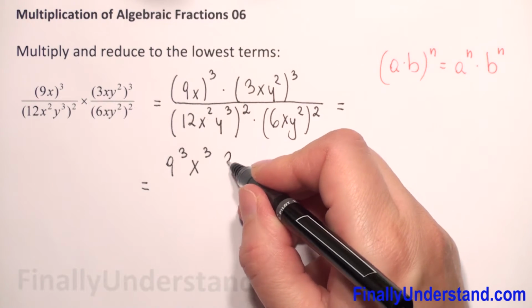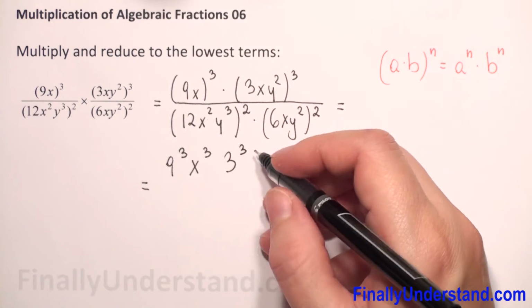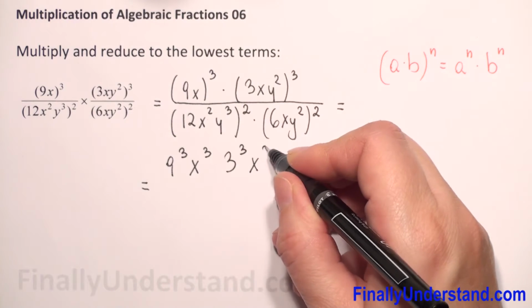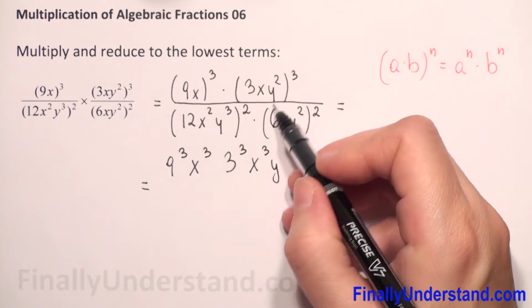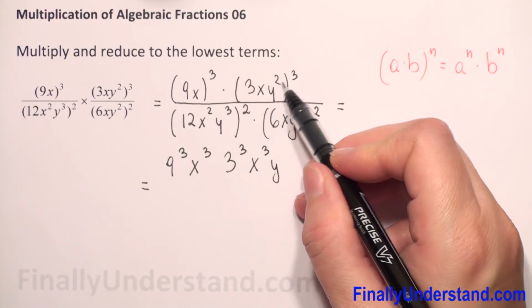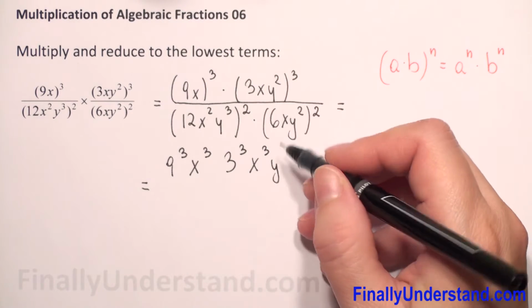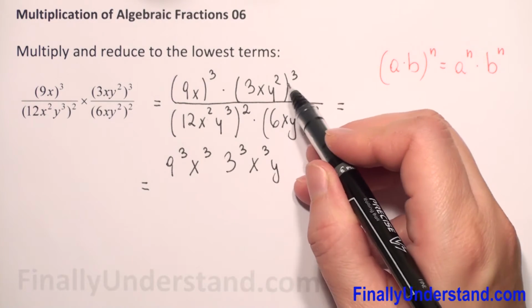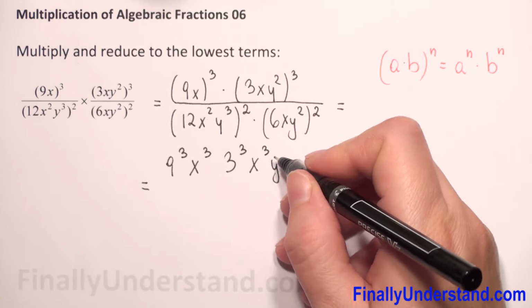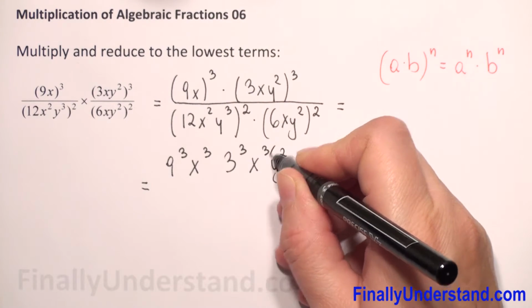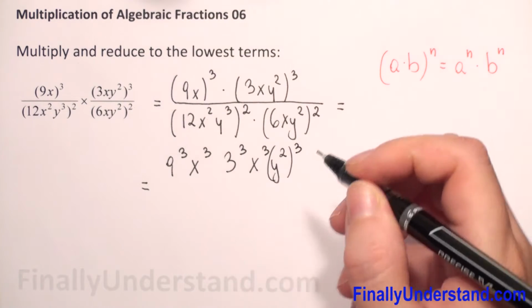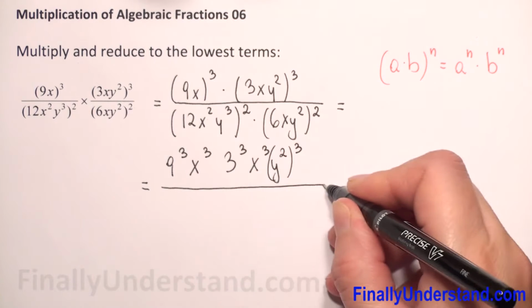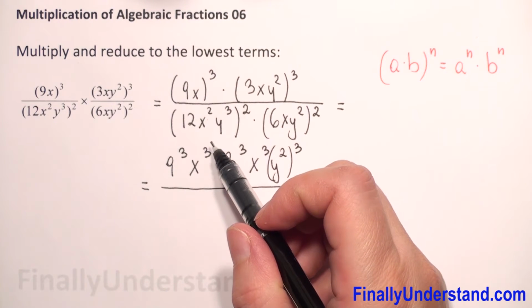So we have 3 to third power, x to third power, y, and now when we have power to power, we have to multiply the powers. Let me copy, maybe: we have y to second power and we have to take this to third power. Now the same we have to do in the denominator.